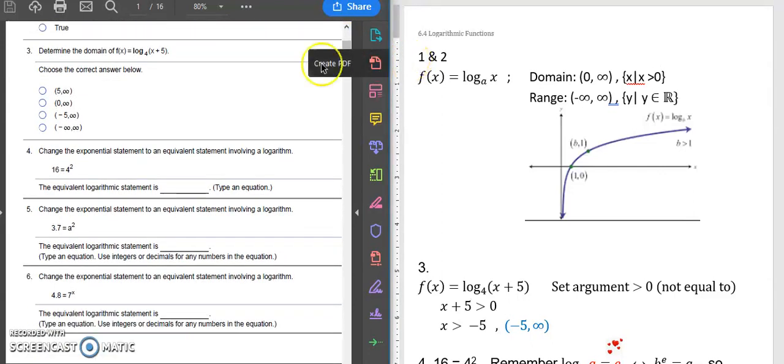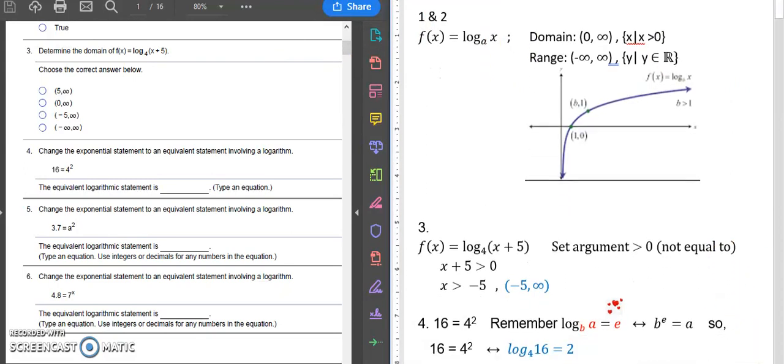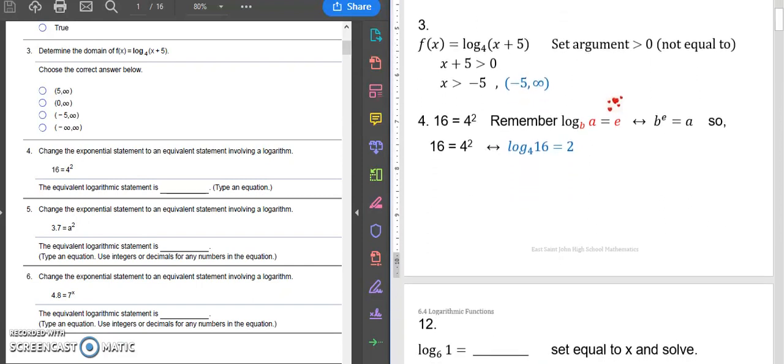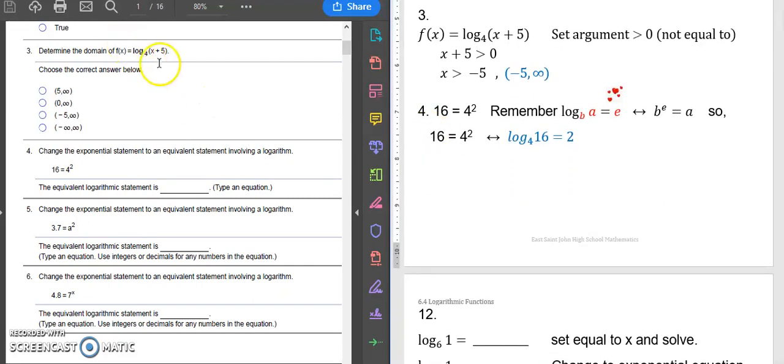Number 3 says determine the domain of the log function log base 4 of x plus 5. Now for our log functions, in order for our domain to be valid, the argument of the log function has to be greater than 0.